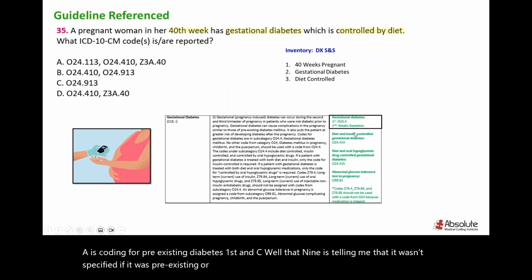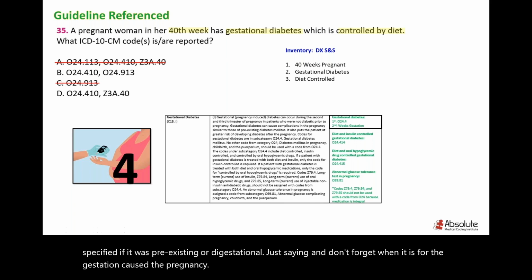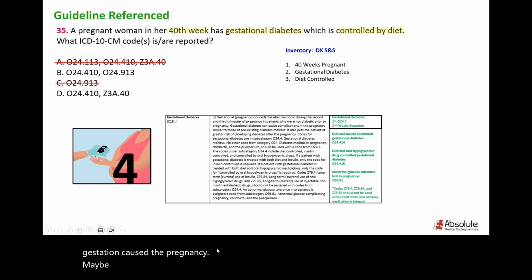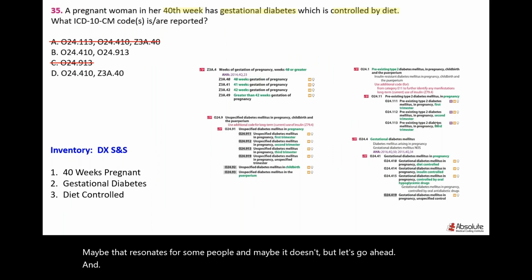And don't forget, when it is 4, the gestation caused the diabetes. Maybe that resonates for some people, and maybe it doesn't. But let's do our due diligence and look up these codes.